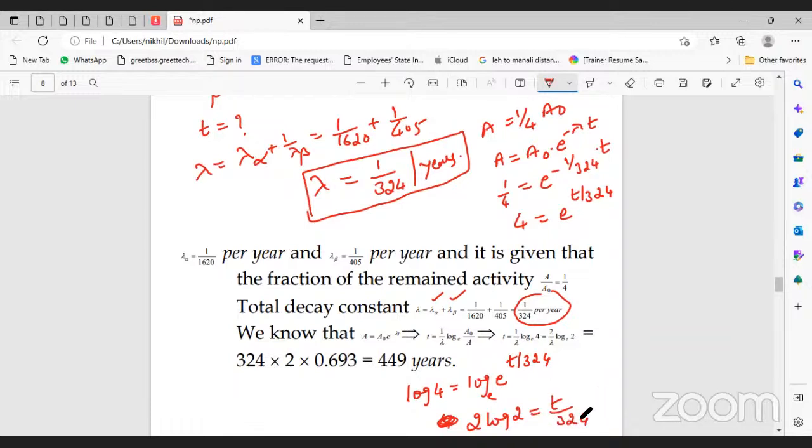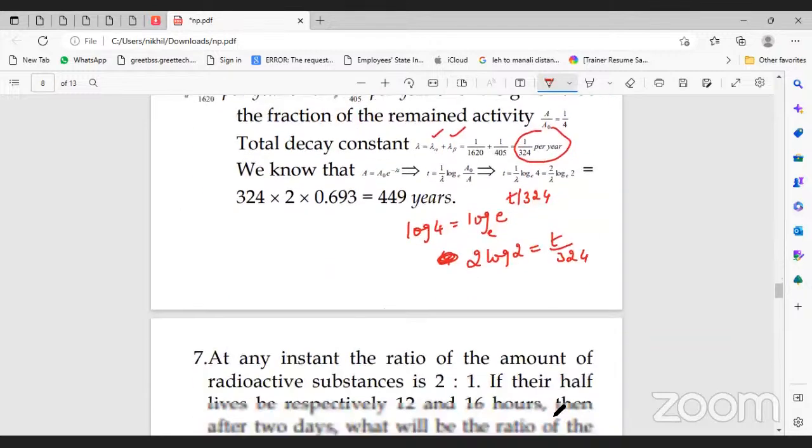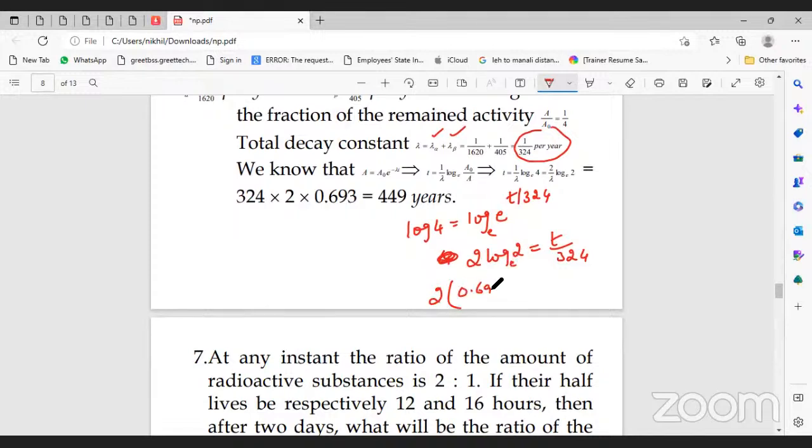Log e base e value becomes 1. 2 log 2 in base e is 0.693 equals t divided by 324. If you cross multiply, it is approximately 449. So you get the time as 449 years.